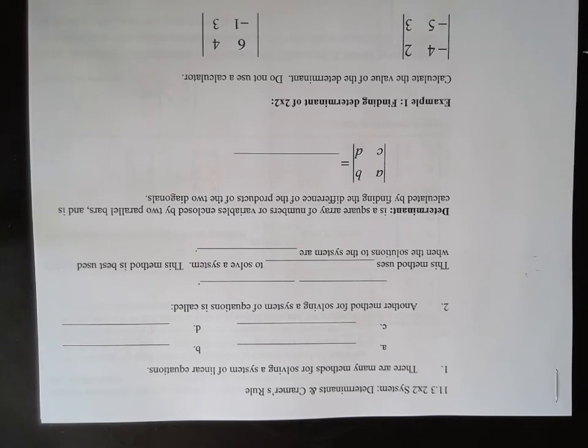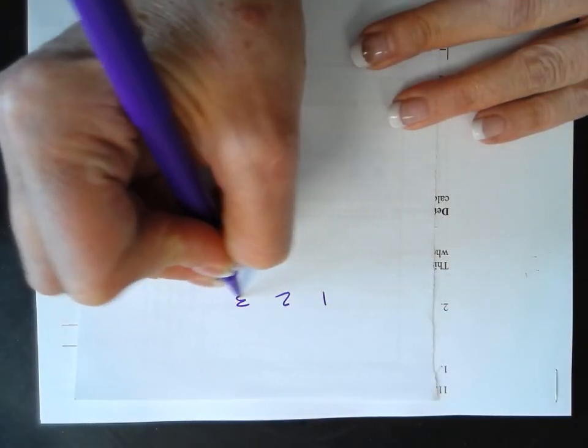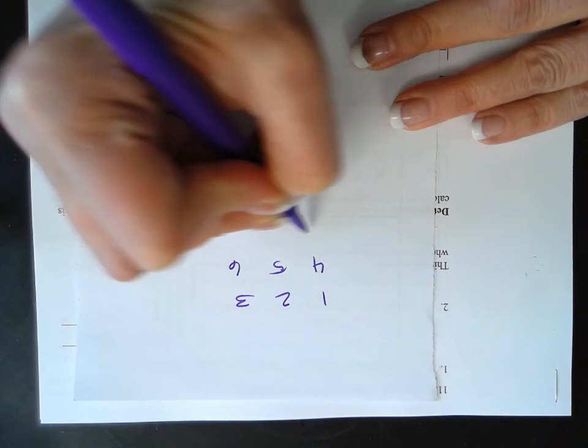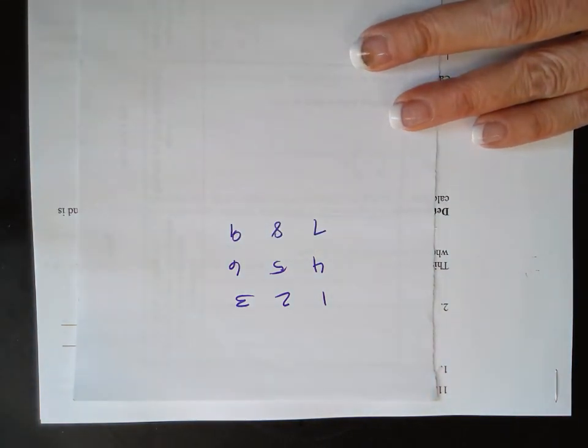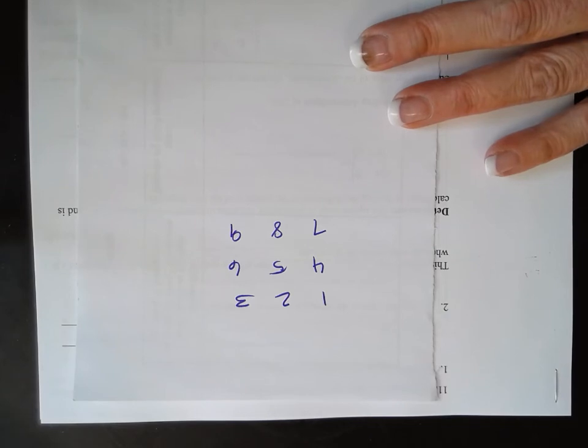However, when you were doing your research yesterday, can anybody remember anything about how to find the determinant of the 3x3? I know some of you looked at it. You can multiply something in the 2x2. Yep, we're going to multiply. But when you had a 3x3, do you remember what you had?